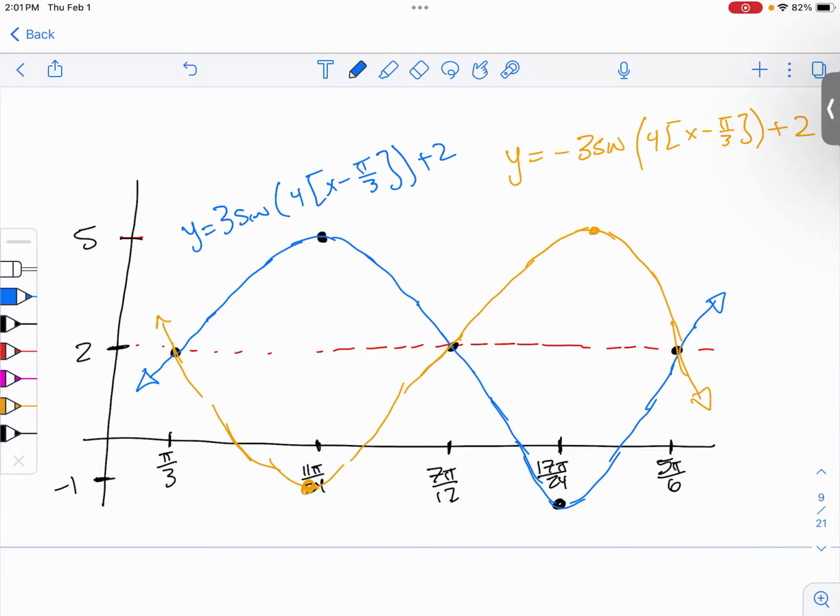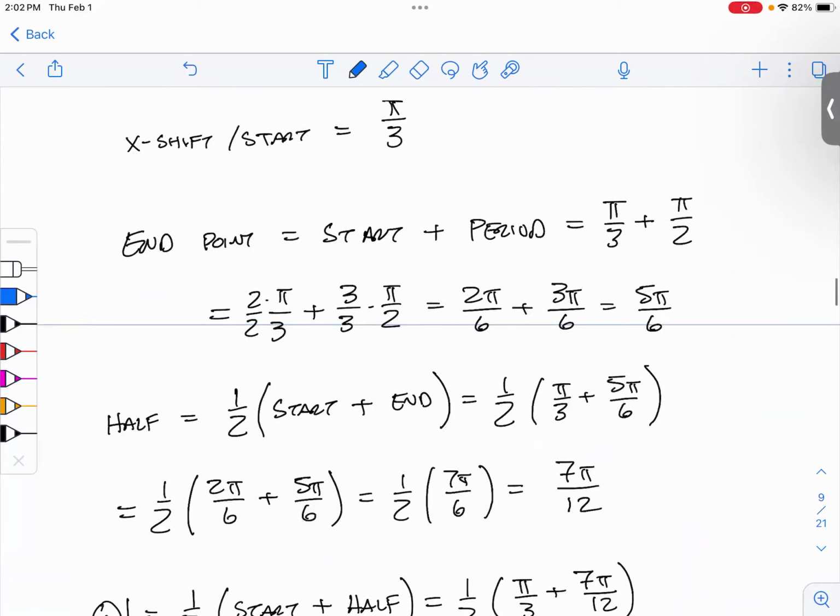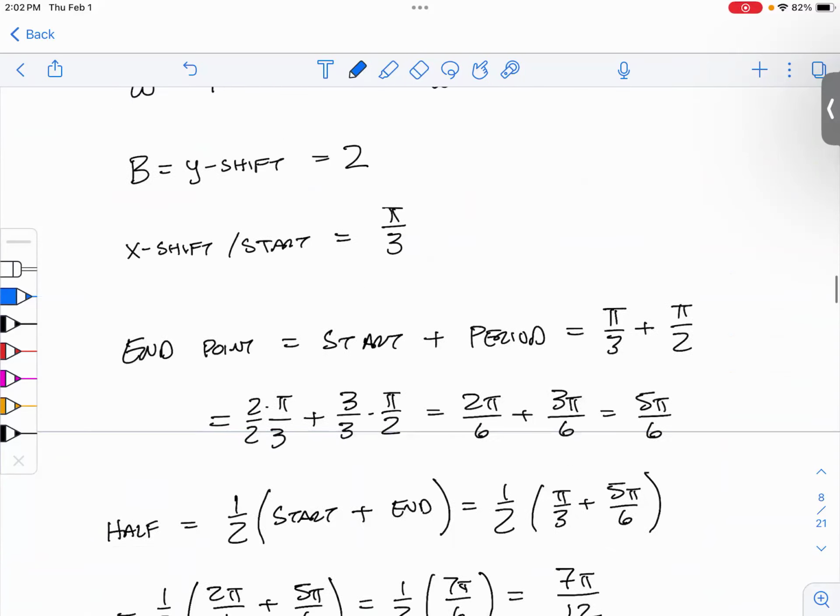We graph 1 period with good labels, because the calculator is not going to have good labels either. The important part is, where's the start? Where's the end? Where are the maxes and the mins? We want to identify all that, because when we look at some examples in context, that's what we're going to need.